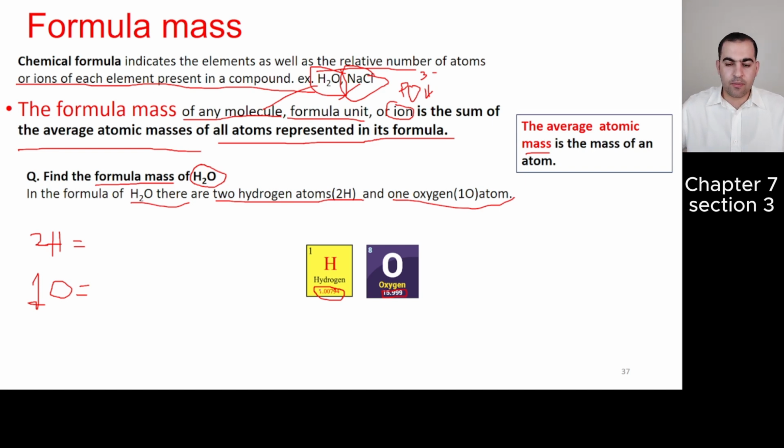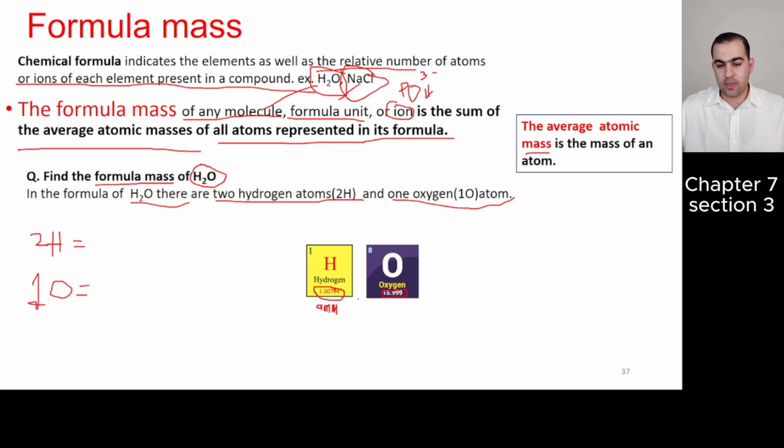So the average atomic mass of one single hydrogen atom is 1.007994. Oxygen is 15.999. We call this number atomic mass, in AMU. We can round hydrogen to 1 AMU.